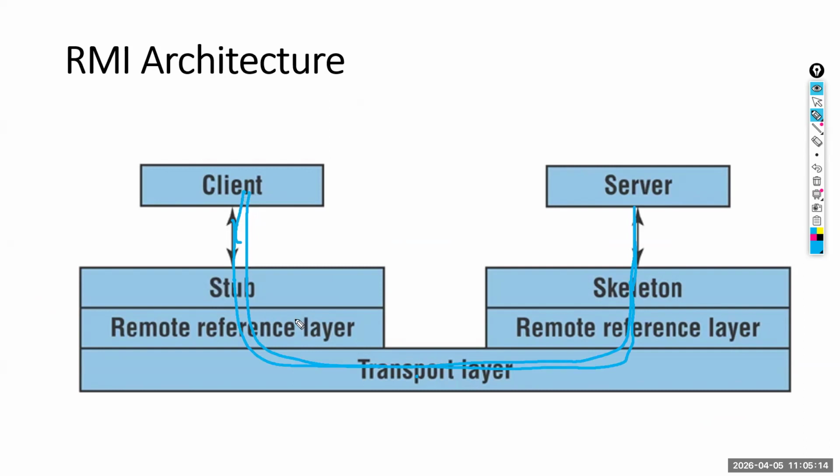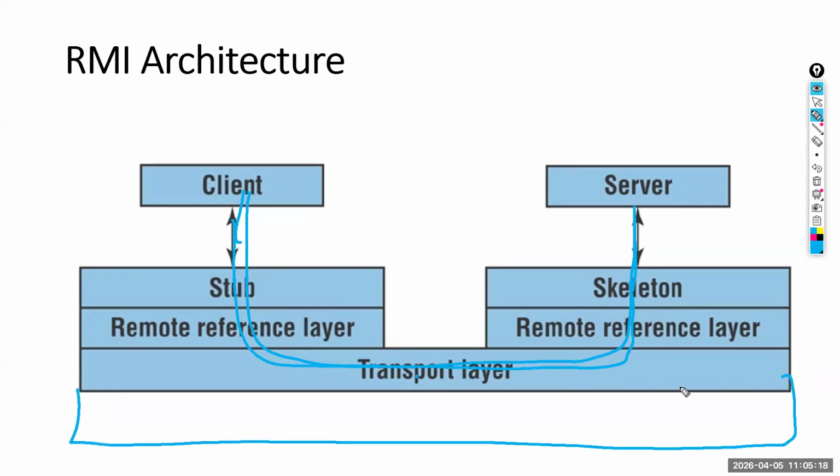So remember, the transport layer is above the network layer in networking. Below that we have the logical link layer, physical layer. In the network layer is where you have IP, internet protocol. Transport layer is where you have TCP and UDP. Sessions are handled by the transport layer. Reliability.